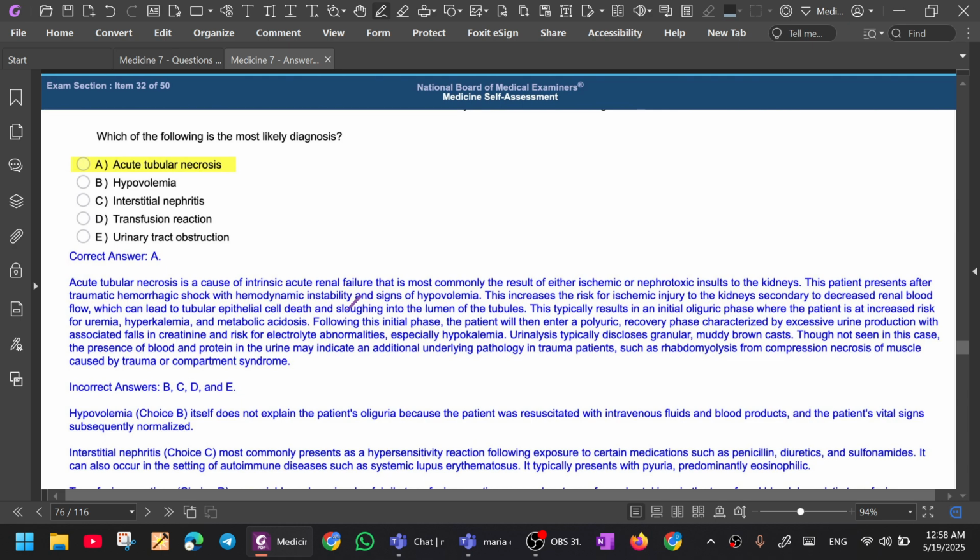These typically result in an initial oliguric phase where the patient is at increased risk for uremia, hyperkalemia, and metabolic acidosis. Following this initial phase, the patient will enter a polyuric recovery phase characterized by excessive urine production with associated falls in creatinine and risk for electrolyte imbalance, especially hypokalemia.